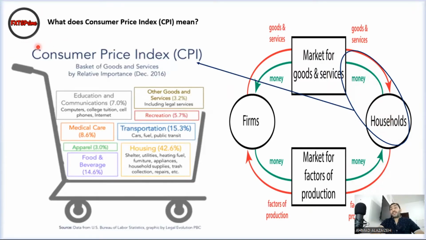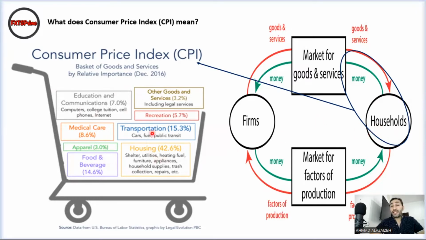So if we ask ourselves what the consumer price index measures, it measures the prices of the goods and services consumed by the household, by the individual or by the group living under one house or one shelter.